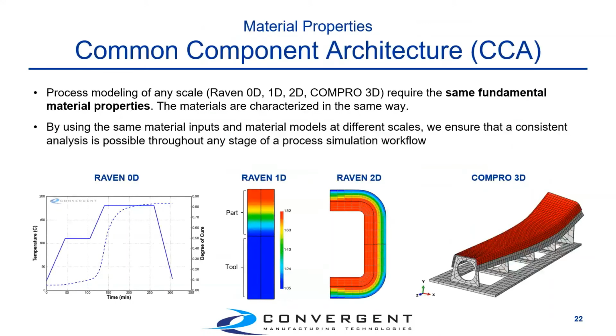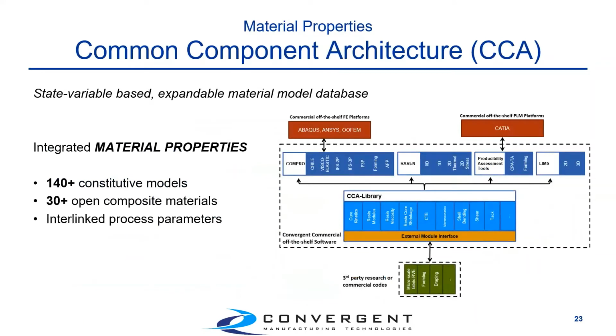At the heart of all of our software is the COMPRO Common Component Architecture, or CCA. That is all the material constitutive models that are built into all of our software products and offerings. So this is a flow chart of how the CCA works. You have your finite element solver that can be ABAQUS, ANSYS, or OFEM.